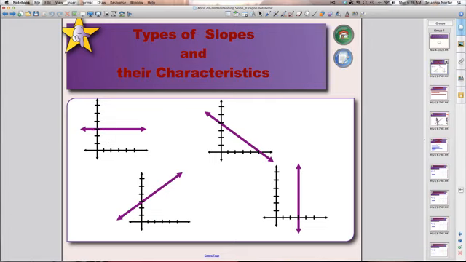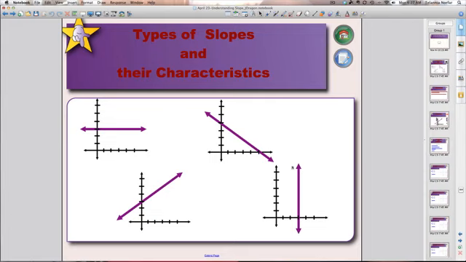Well, this is our first slope, which is a horizontal line, and it actually is a zero slope. This is our negative slope because the line goes down. This is our positive slope because the line goes up. And this is a vertical line, and it has an undefined slope.